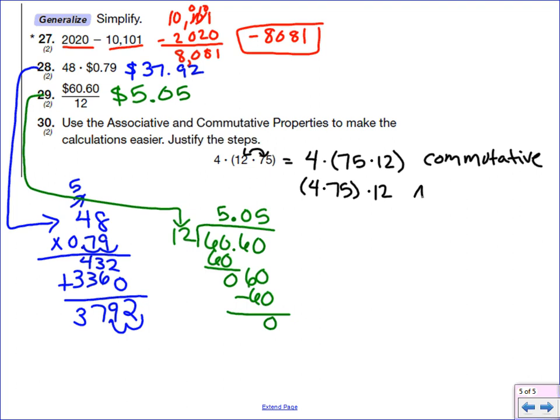And that's the associative property that says I can group them in any way. And then the last thing that I would do is 4 times 75. I know that 2 75s is 150, and 150 and 150 is 300. And then I'm just multiplying. 3 times 12 is 36, and then I got 2 zeros.